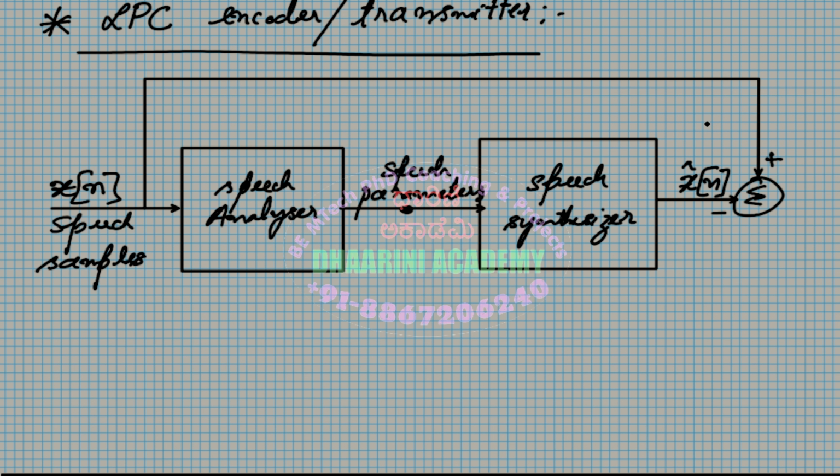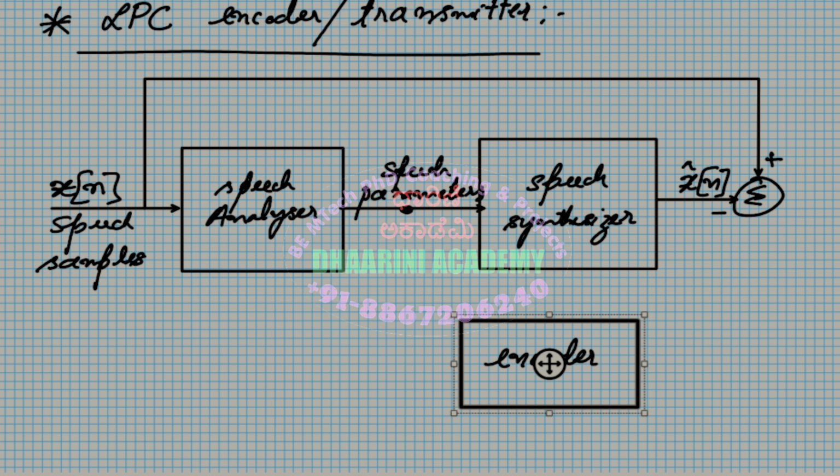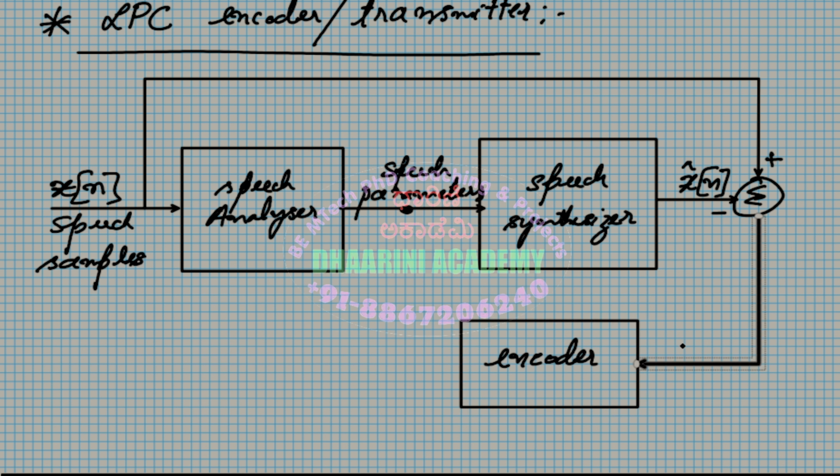This generates what is called an error signal that I'm going to pass through the LPC encoder. This encoder has two inputs. One input comes from here, that is the error signal, E of n, and the other uses the pre-generated speech parameters.